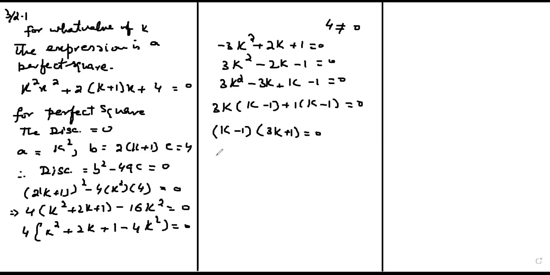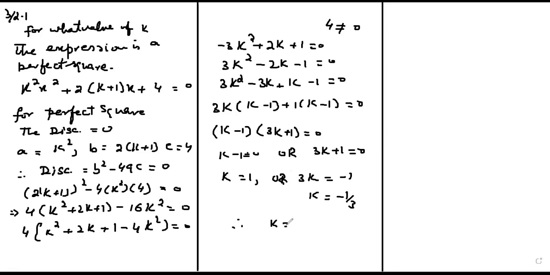So we have k minus 1 equals to 0, or 3k plus 1 equals to 0. For this we have k equals to 1, or k equals to minus 1 over 3. So therefore our answer is, therefore k is equals to minus 1 over 3 and 1. So this is the answer or the solution of question number 3.